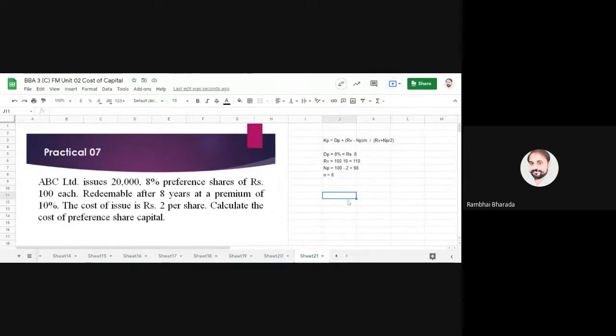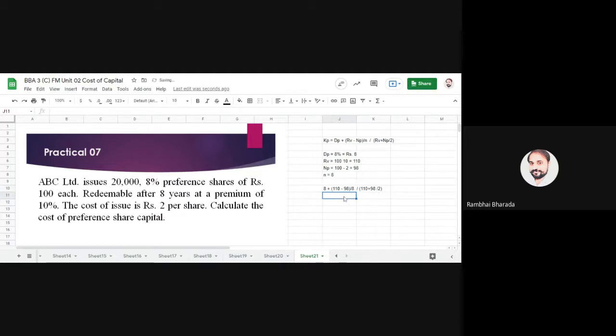If it is clear, then it will hardly take 1 or 2 minutes to complete the practical question. Now, put these values. The formula DP is equal to 8 plus, in a bracket, RB 110 minus NP 98 upon number of years 8, upon RB 110 plus 98 upon 2.